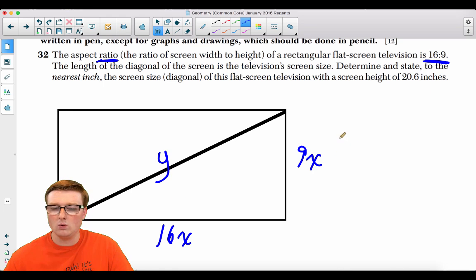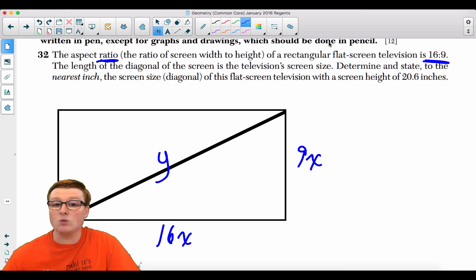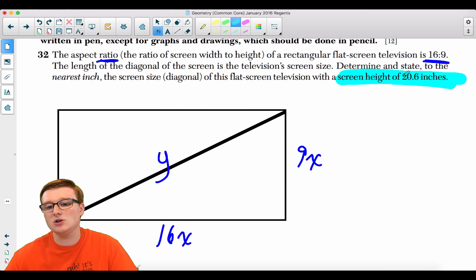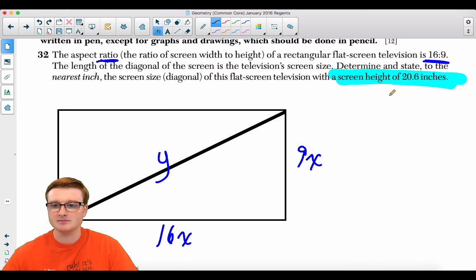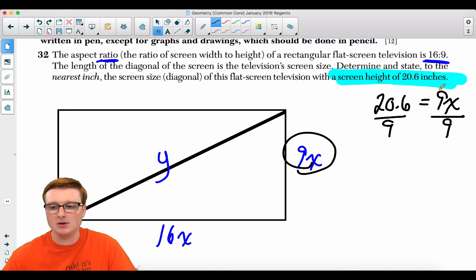We don't have the value of x. You need to solve it. And where do you get that information from? You get it right here. They tell you that the screen height is 20.6. That information is vital to get this question right. Because we need to take 20.6 inches and set it equal to the height, which is 9x, to solve for x. So we're going to divide by 9 on both sides.